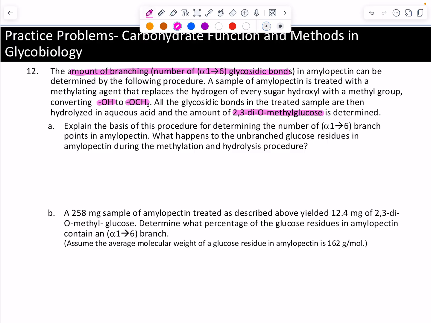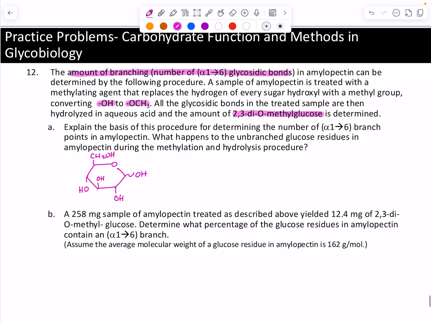So let me just quickly draw our glucose. There's my O. All right, CH2OH, and down, up, down. Okay, so that's my glucose, right?